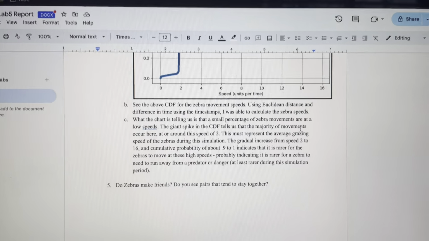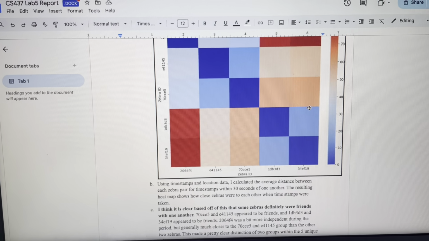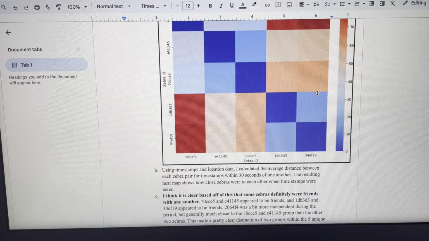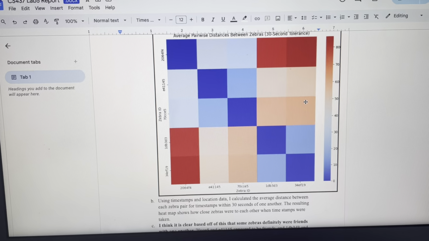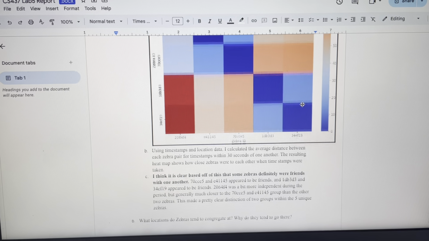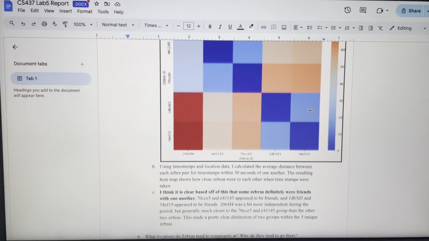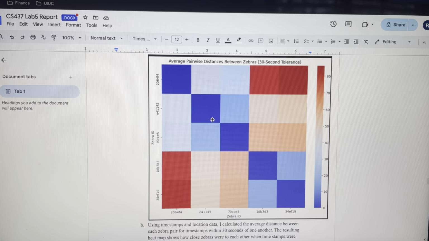Next is, do zebras make friends? I created this heat map that basically showed the distance of zebras on average when their timestamps matched up in a certain period. Whenever a timestamp was within 30 seconds, I checked each zebra pair for the average distance between them at that point. And I think it's pretty clear based on this that you can see some groups.